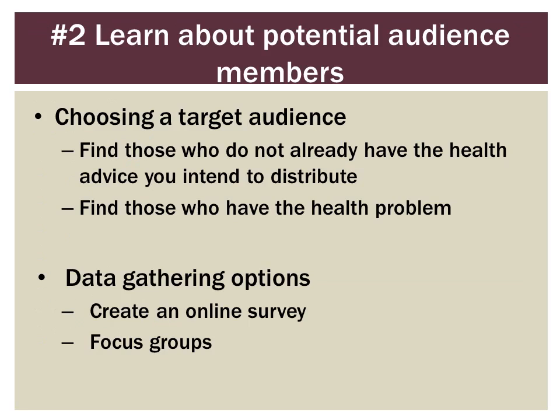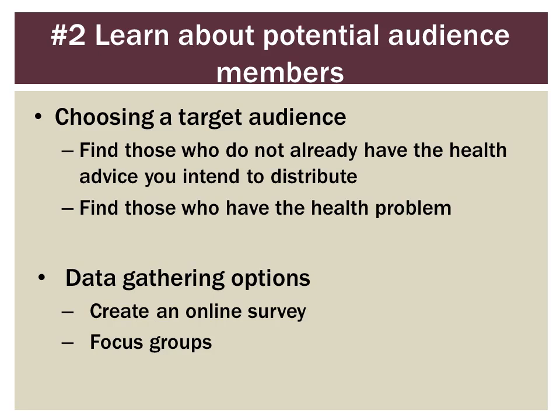Step number 2, learn about potential audience members. Choosing a target audience: you should find those who do not already have the health information that you're persuading people to learn about, and you should find those who have the health problem in addition.